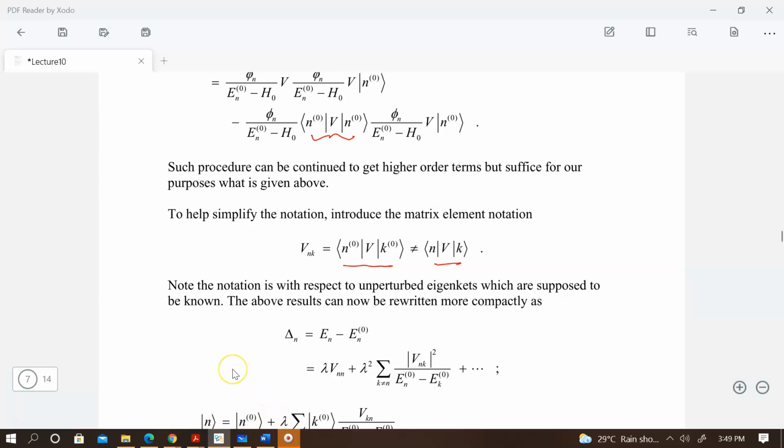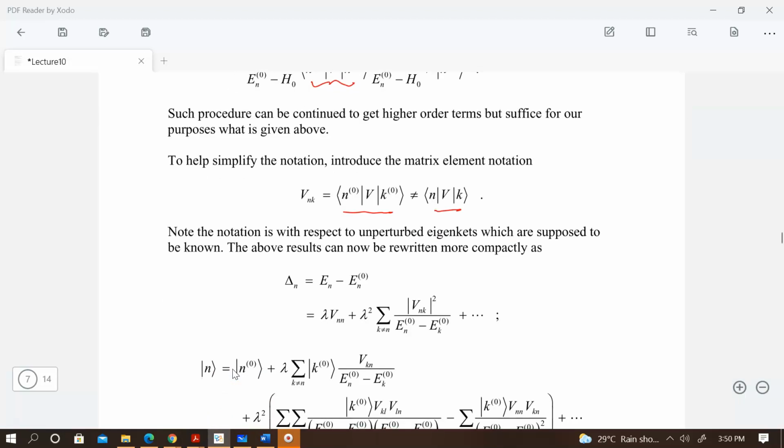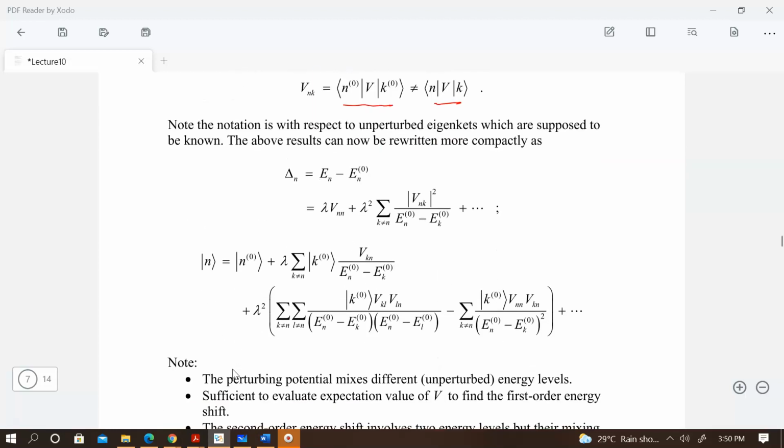Finally, we can rewrite in terms of this matrix element as follows. You get your lambda V_nn for the first order term here, and then your lambda squared will involve the non-diagonal terms. The non-diagonal terms are going to be divided by these eigenvalues, which are not going to be 0 here because you have k not equals to n.